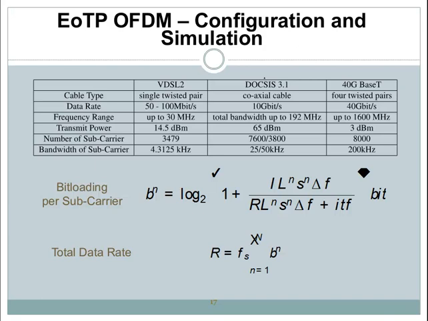We calculate from the received signal power level, with the return loss and the other background noise, and also the crosstalk as the interference. Then we can calculate how much information we can transmit in this subcarrier. The total data rate is calculated by the sum of all the bit loading over all the subcarriers times the symbol rate of the system.